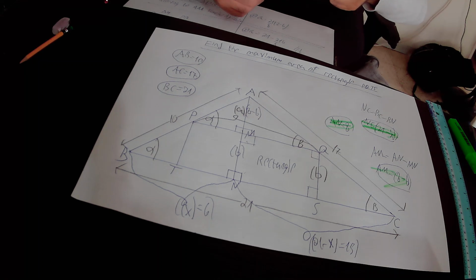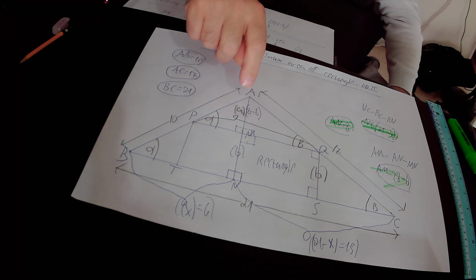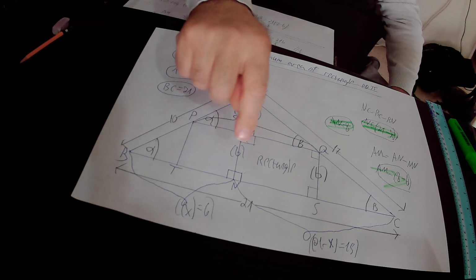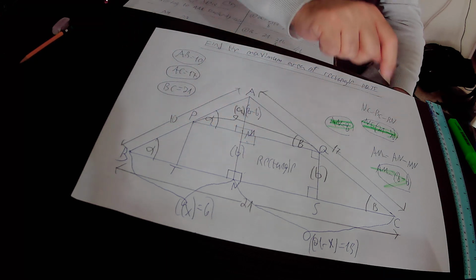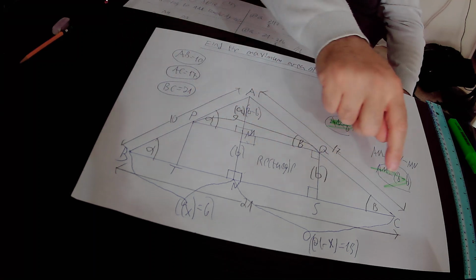And therefore, the height AM in the small triangle APQ over the height AN in the big triangle ABC must be equal to side PQ of the small triangle APQ over side BC of the big triangle ABC.